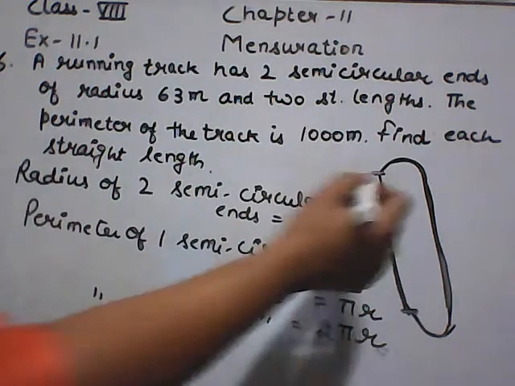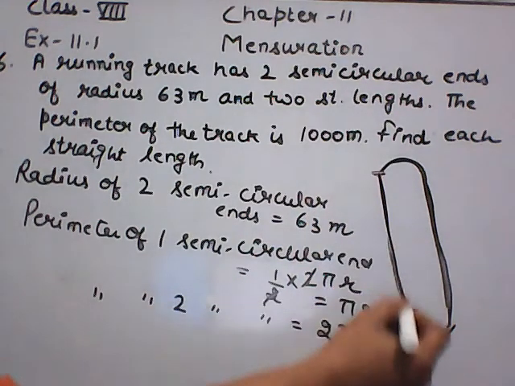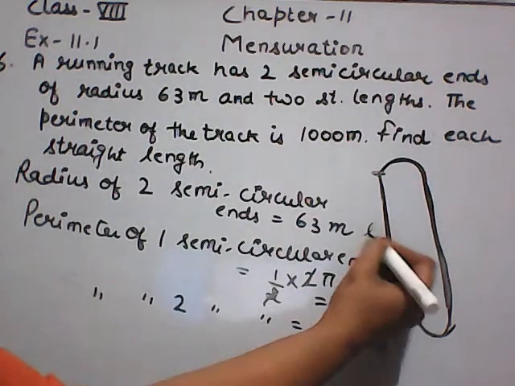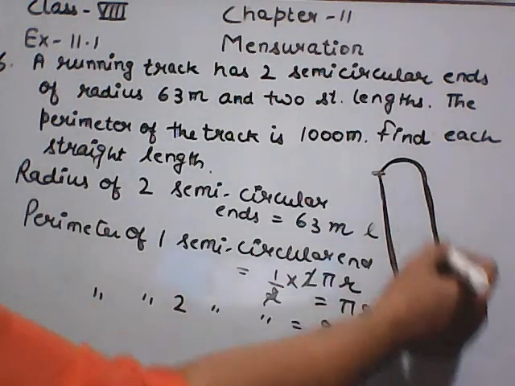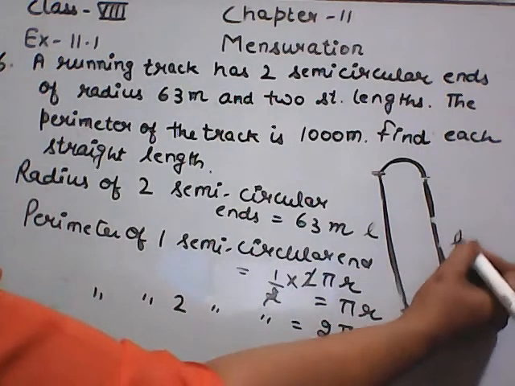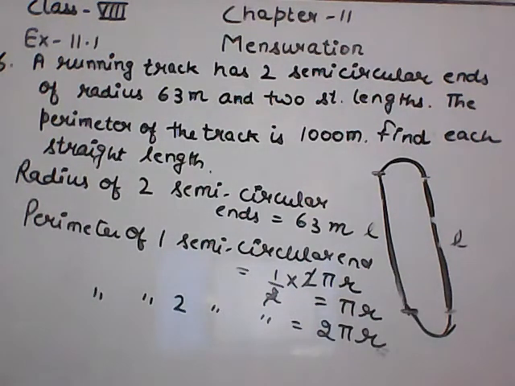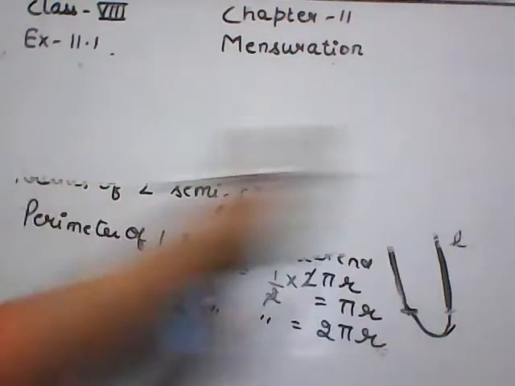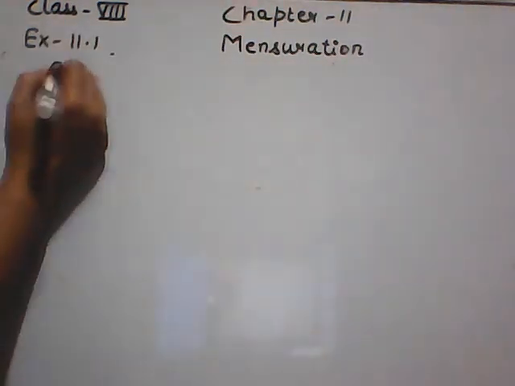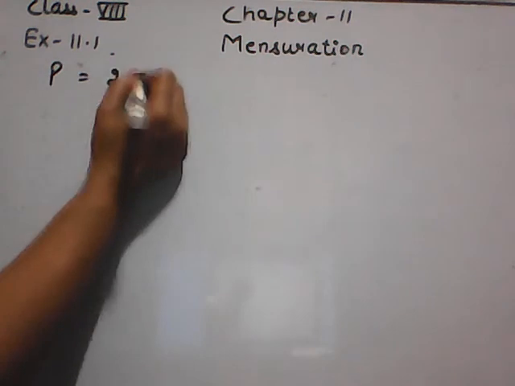Let the length of each straight path be L. So the length of two straight paths will be 2L. Now we can calculate the perimeter of the semicircular ends. The perimeter of two semicircular ends will be 2 pi r.